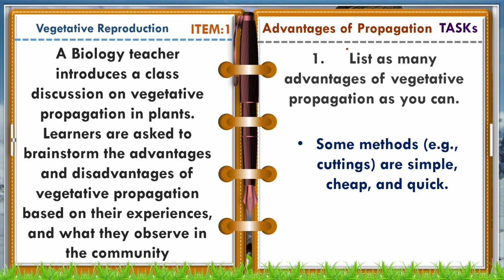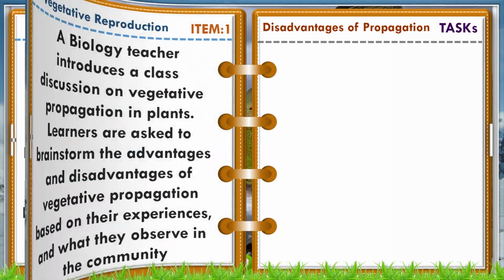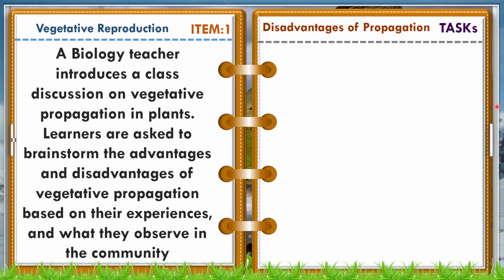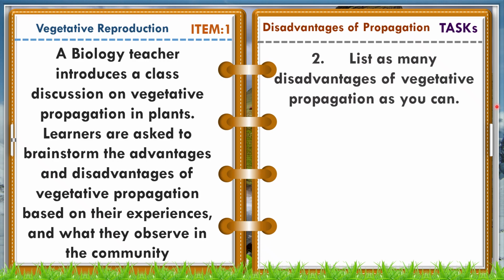Some methods, for example cutting, are simple, cheap, and quick. List as many disadvantages of vegetative propagation as you can.